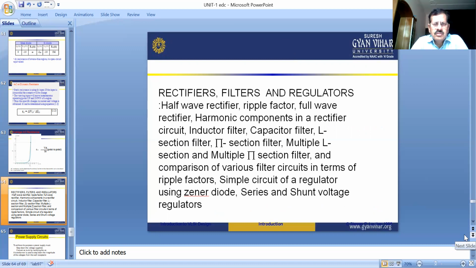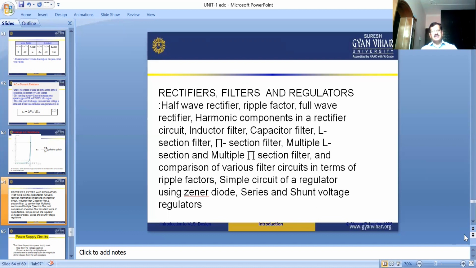Now we come to the applications of different PN junction diodes. So the first and important application of the PN junction diode is rectifiers.